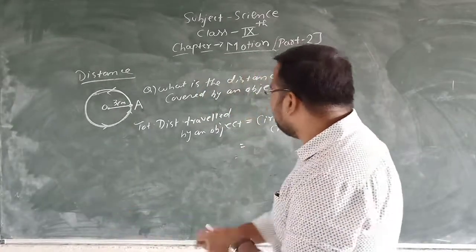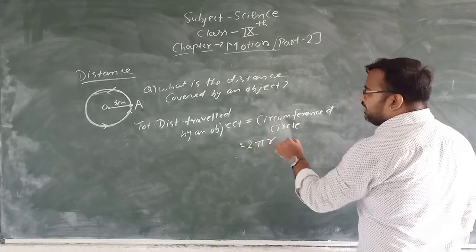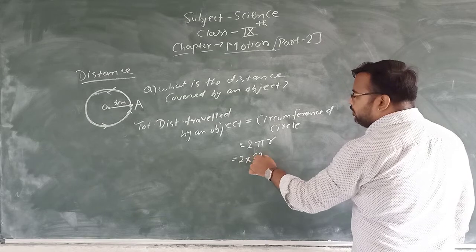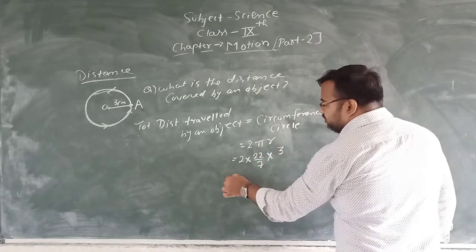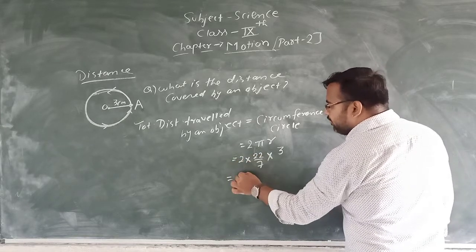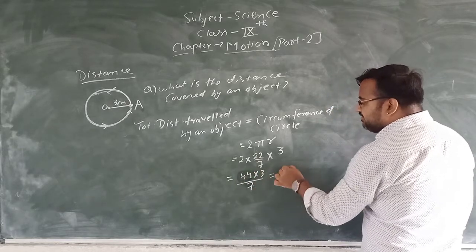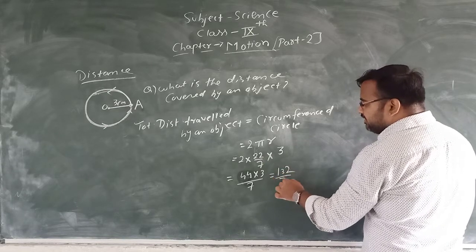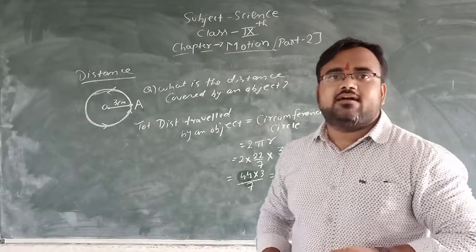Circumference of a circle is 2 pi r. So 2 into 22 upon 7 into radius, which is 3. So 2 into 22 is 44, into 3 upon 7. 4 3s are 12, 1 carries, 4 3s are 12 plus 1, 132 upon 7.